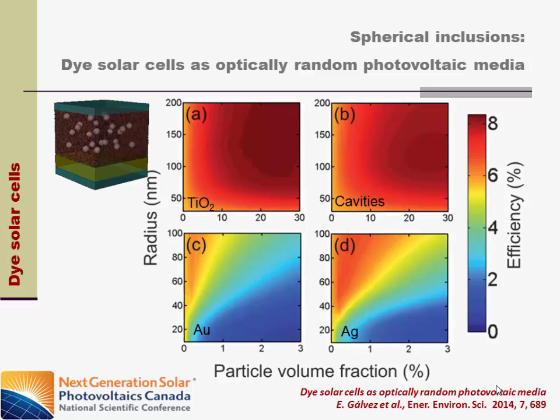These two factors are interesting, but at the same time you have introduced a very strong, potentially very strong parasitic absorption. This is why you cannot go to very large concentrations of metal particles, or you will start getting a decrease in the optical absorption, so the effect opposite to the one we want to get.